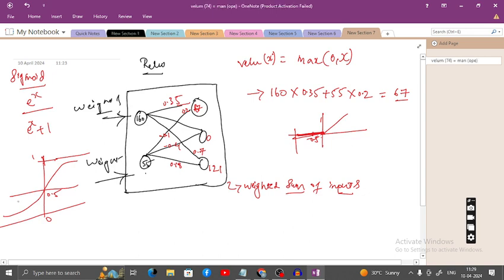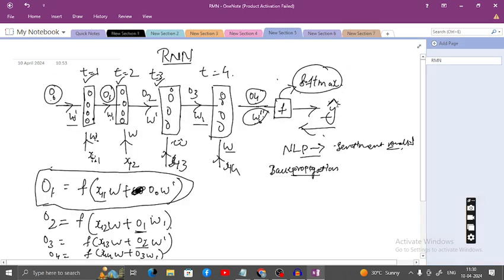Sometimes, if you see the architecture of the neural network, you have softmax at the final layer, the final output. Finally, we are passing through softmax, or sometimes sigmoid for a very simple problem, or the tan hyperbolic function.